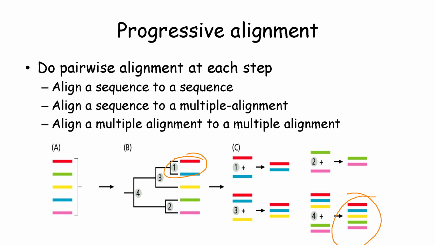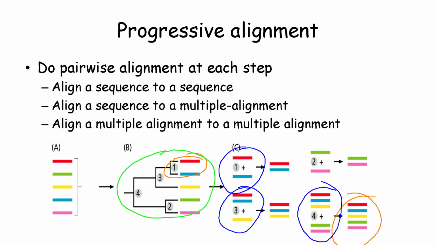At each step, we may align two sequences, we may align a sequence to an existing alignment, or we can align two alignments. In order to make sure that the most similar sequences are aligned with each other first, we create a phylogenetic tree from the sequences and use this tree as a guide to dictate in which order the sequences will be merged.